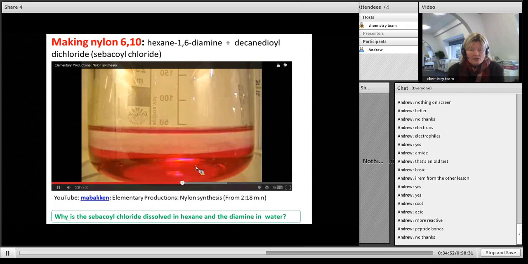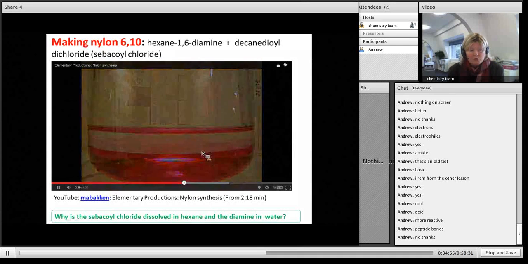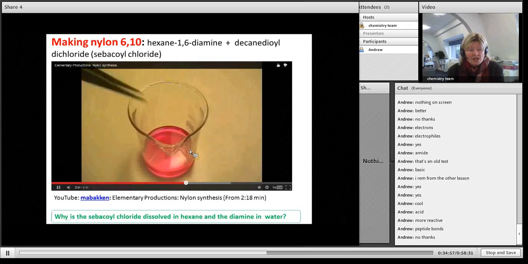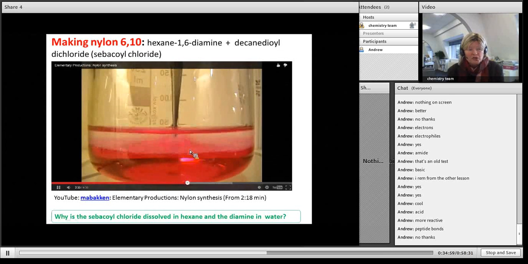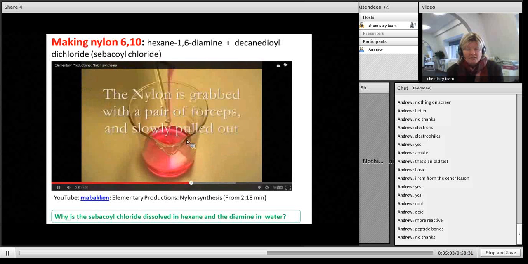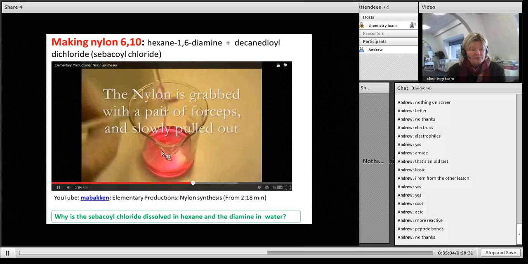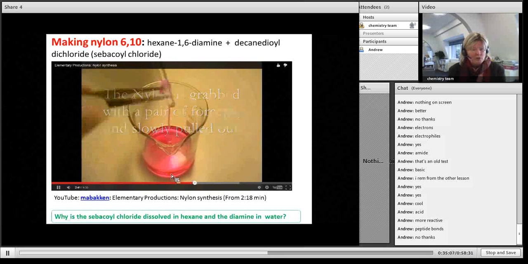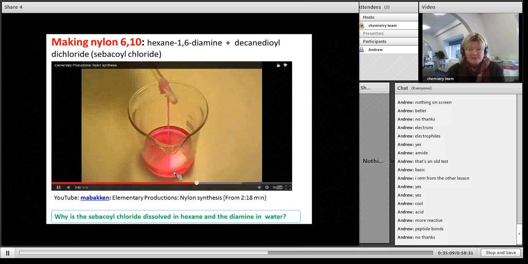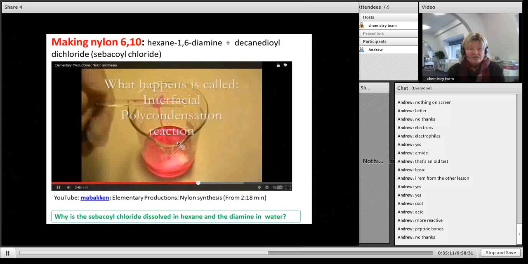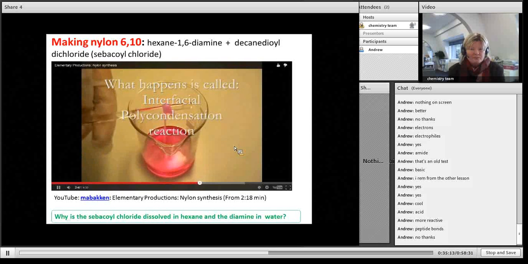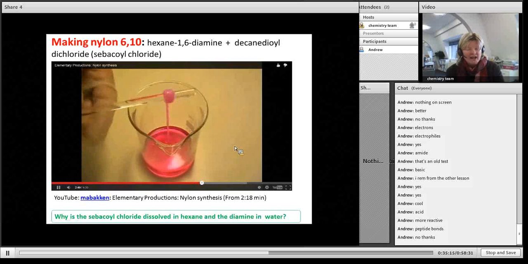And just think of, why was the acyl chloride dissolved in hexane? What would it do if it was added to water? So now on that interface between them, because the acyl chloride is so reactive, you can just pull out the nylon being formed.